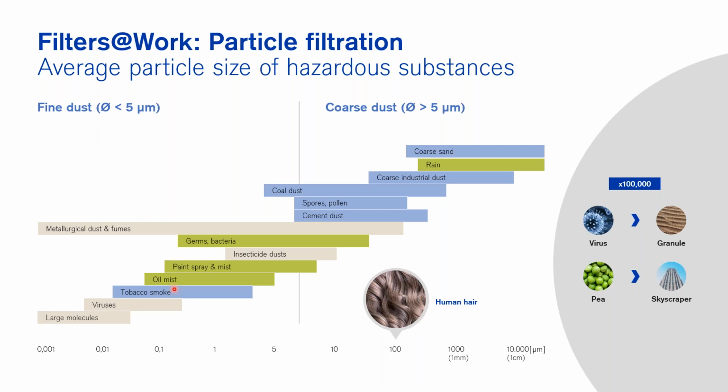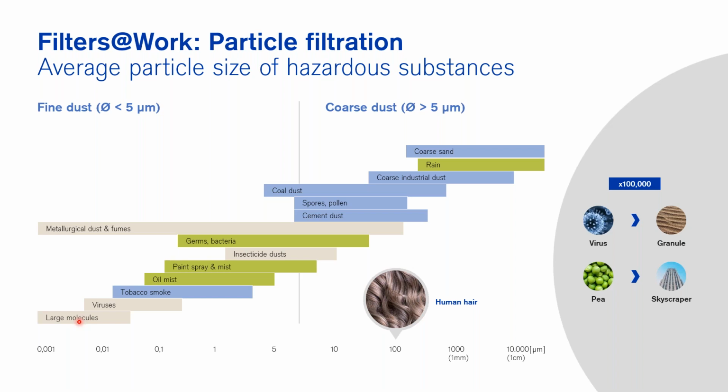Particles of this size, 0.3 and above, always move in ways that we can anticipate, for example from different angles, and they will be trapped in the filter. Particles smaller than 0.3 microns, which is what we call a virus over here, or large molecules, will move in what we call Brownian motion, a phenomenon whereby the particle mass is small enough that it no longer travels unimpeded through air.